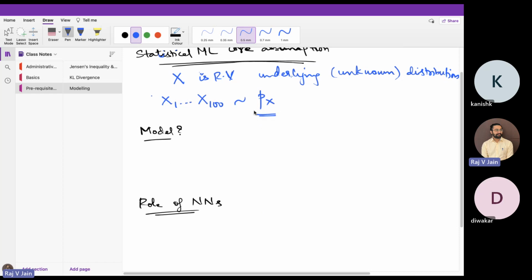Then what does modeling mean? Let's say you want to understand or approximate this Px in some way. But obviously you don't have Px's exact form.